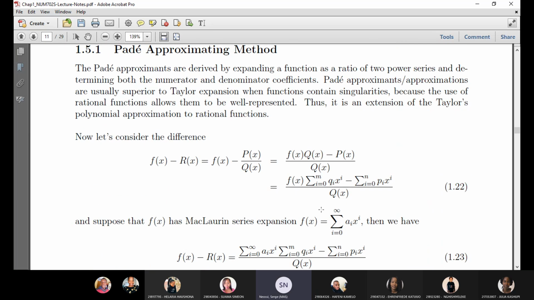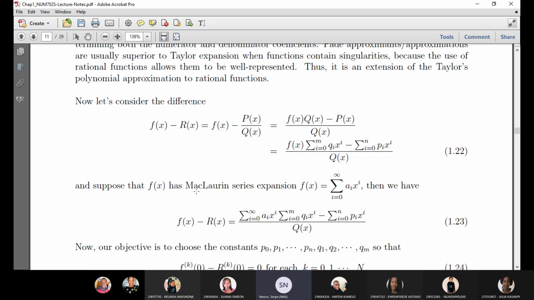So as I was saying, it is easier to perform the Taylor, the Maclaurin expansion of this function f(x), which will always be the case. So the Taylor expansion about 0, or the Maclaurin expansion, can be written like this. Now we will identify the coefficient of f by a sub i.